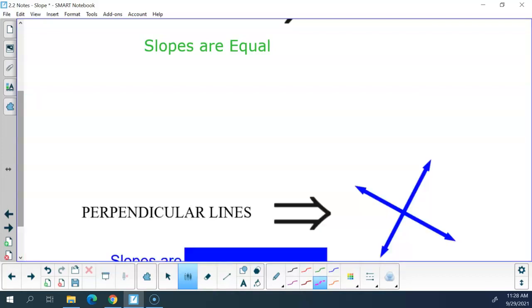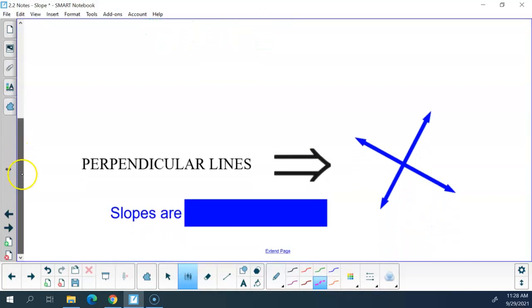Okay? So perpendicular lines intersect at a 90-degree angle. So if they're going to intersect at a 90-degree angle, what can you tell me about their slopes? Well, I said they're opposite.